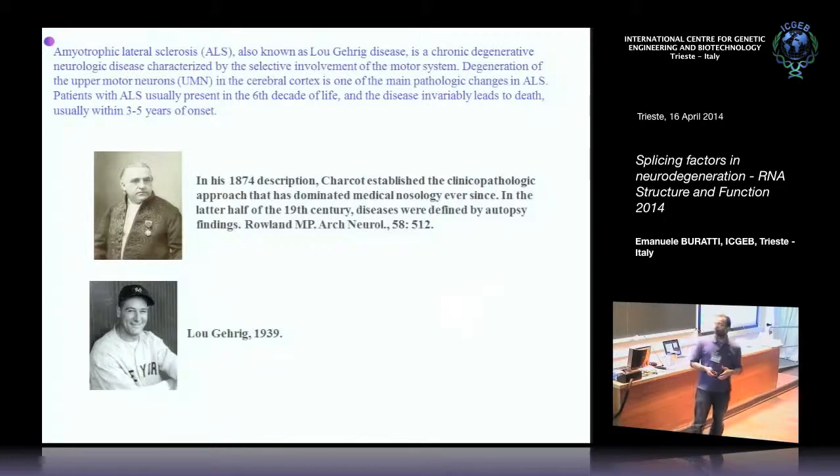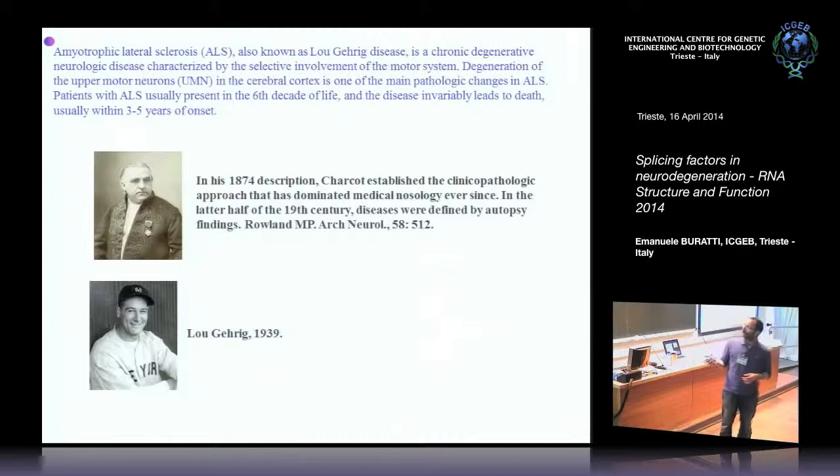So these two diseases have been known for a very long time, especially ALS. ALS was first described in 1874 by Charcot, who actually gave the medical definition of people who were affected by ALS. So people who had a chronic degenerative neurologic disease that was characterized by the selective involvement of the motor system.